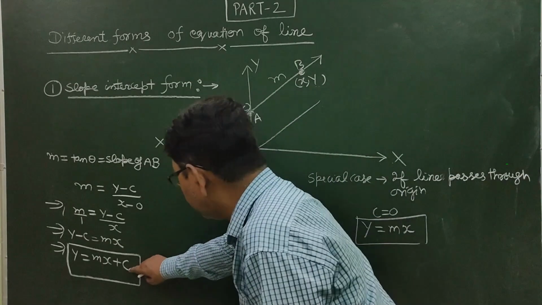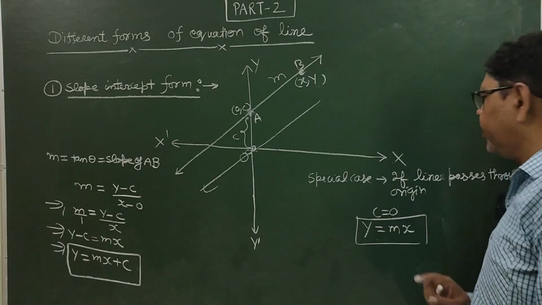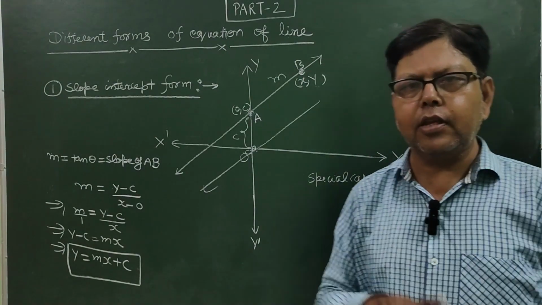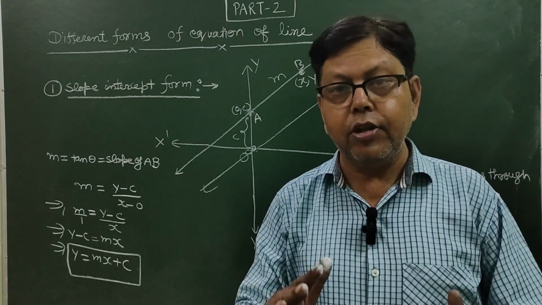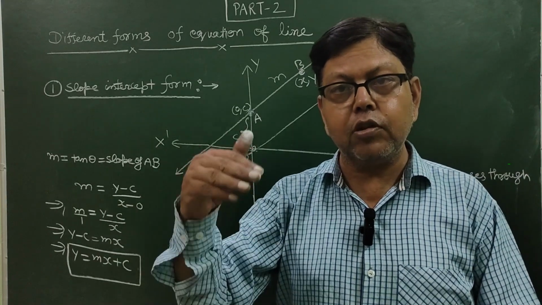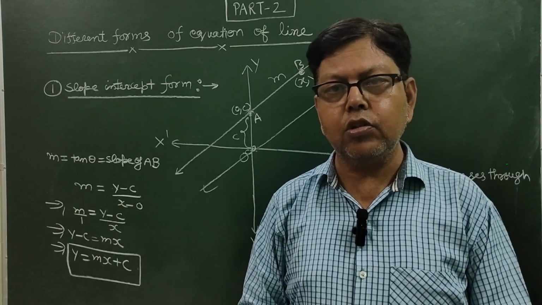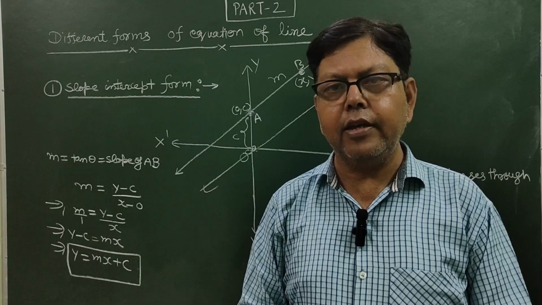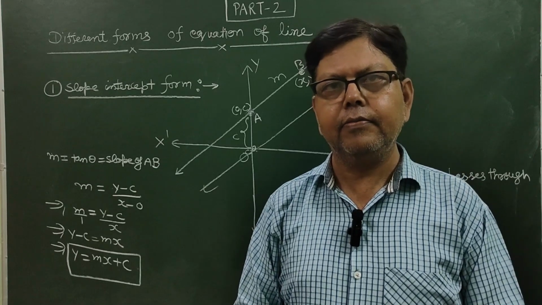Putting c equal to 0 here, y is equal to mx. So y is equal to mx is the equation of a straight line which passes through the origin, and if it makes intercept c on the y-axis, then the equation of the line is y is equal to mx plus c.